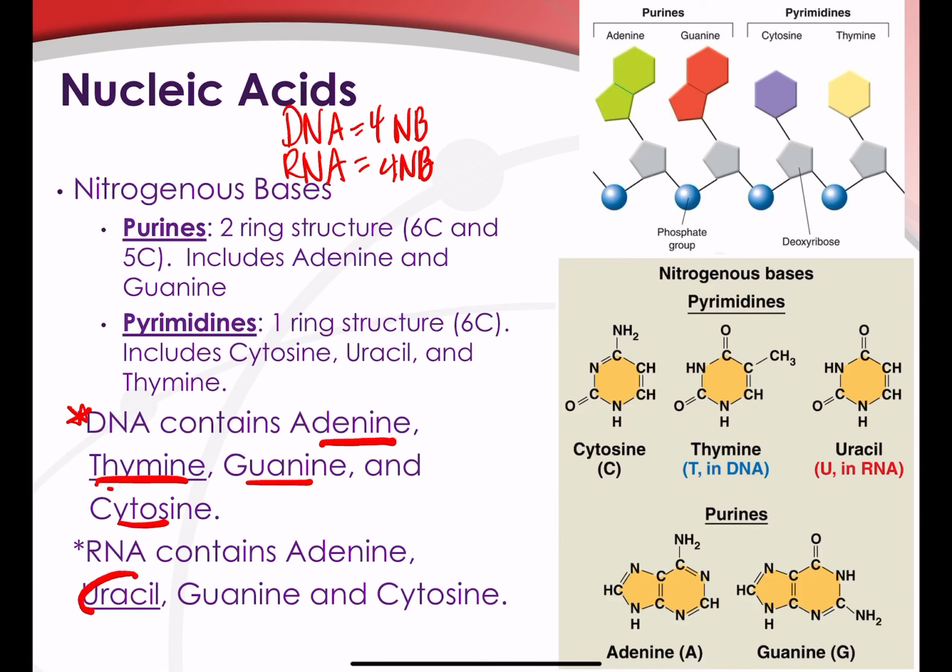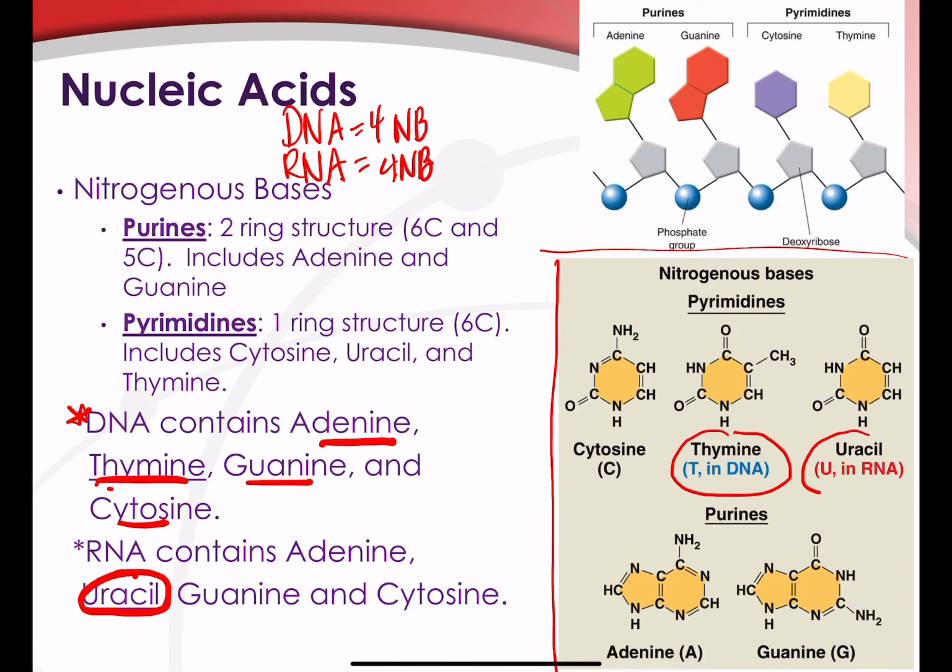RNA is a little bit different though. It does not have thymine. Instead, RNA contains uracil. So adenine, uracil, guanine, and cytosine. And you see that over here as well. We've got the thymine in DNA, the uracil in RNA. And usually those are just abbreviated with a letter.